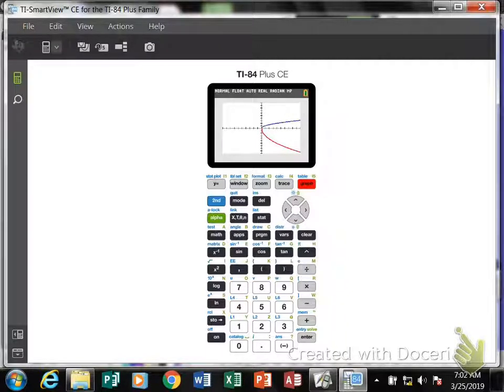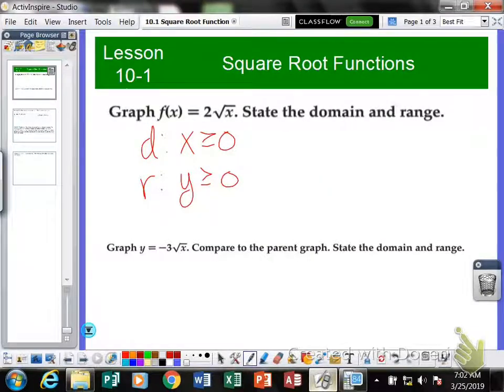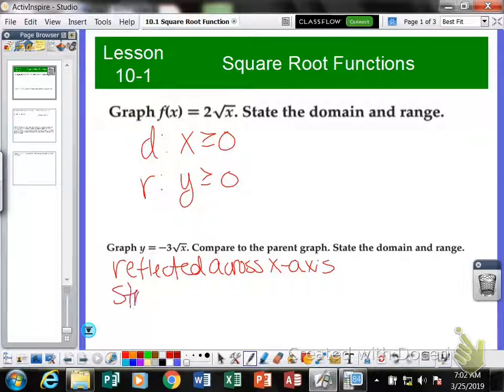It's stretched vertically. So we would say that it is reflected across the x-axis, and it is stretched vertically. And then our domain.